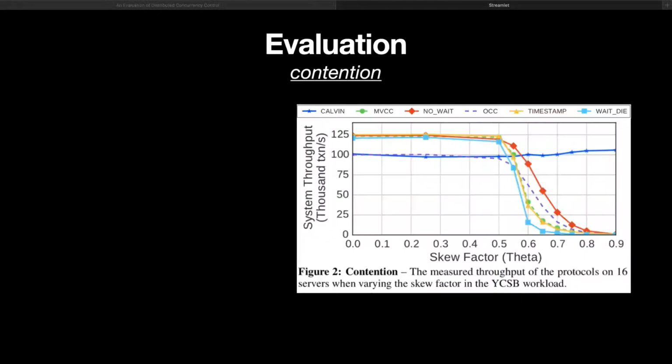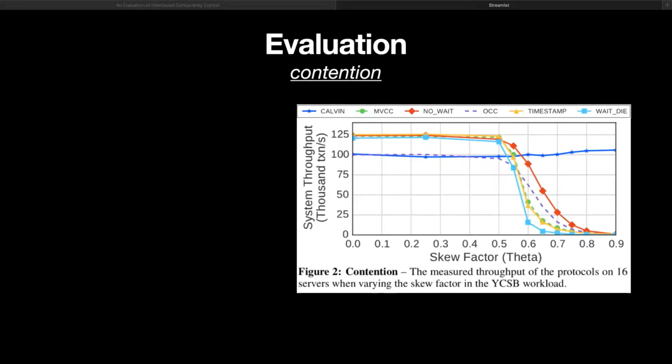So first, let's look at the YCSB benchmark used here. On the y-axis, you see system throughput, and on the x-axis, you see the skew factor. The skew factor is a feature of the distribution that they have used for the transactions.